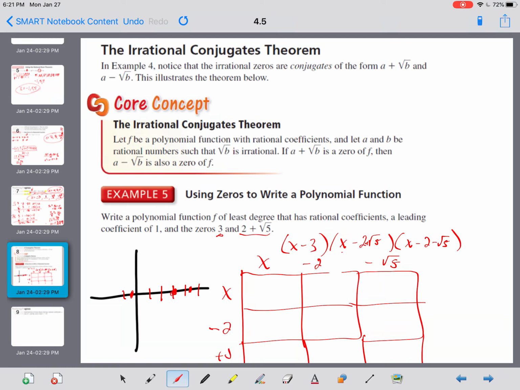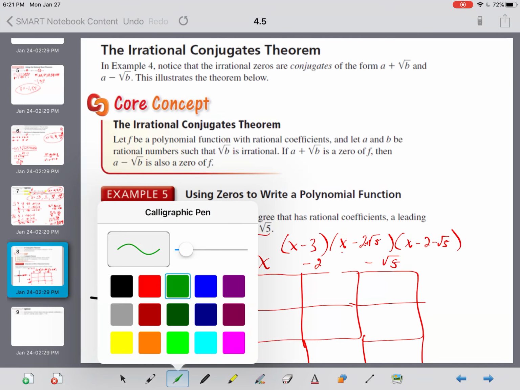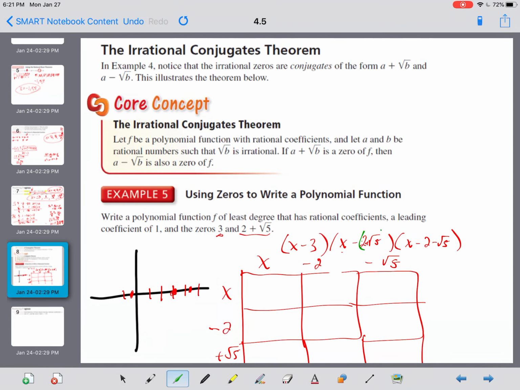Minus 2 plus square root of 5. Okay? Because I'm treating this whole thing just like I did the 3. Right? So it's always x minus k, x minus that factor number, that x equals number. So I plugged in the 3, that's why it changed signs. I plugged in the 2 plus the square root of 5, and I plugged in the 2 minus the square root of 5. You can distribute it to both. It's not going to change it much.